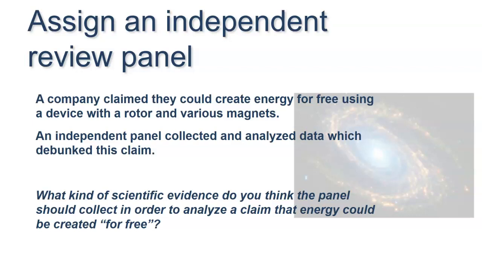You want somebody who is going to come in and be non-biased about the product or service that you're looking at. So a company claimed they could create energy for free using a device with a rotor and various magnets. An independent panel collected and analyzed data which debunked this claim. So what kind of scientific evidence do you think the panel should collect in order to analyze a claim that energy could be created for free?